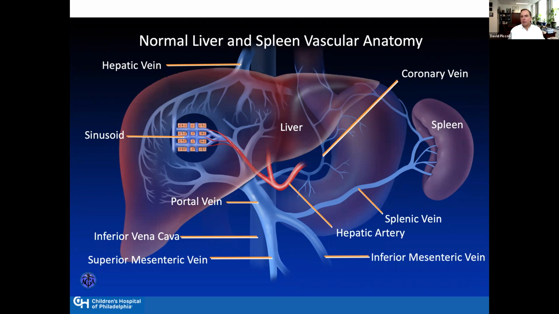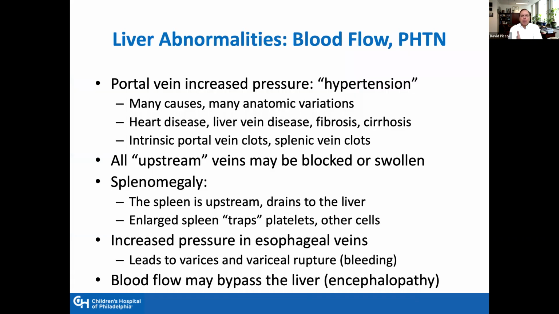And when you have liver disease, you have all kinds of problems with this. Liver abnormalities as far as blood flow are what's called portal hypertension. That means that the pressure in that portal vein is increased. That's what the word hypertension means.